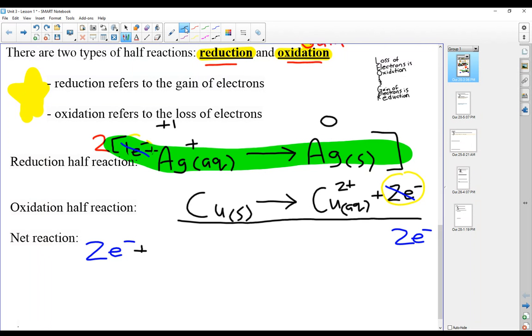So 2 electrons plus 2 Ag plus, which is aqueous, reacts with what else is on the left-hand side? This copper solid here. So plus copper solid.